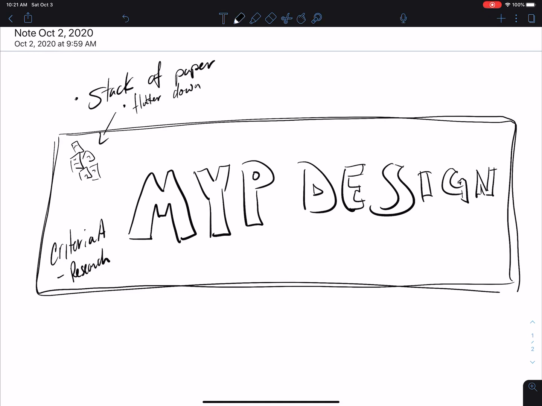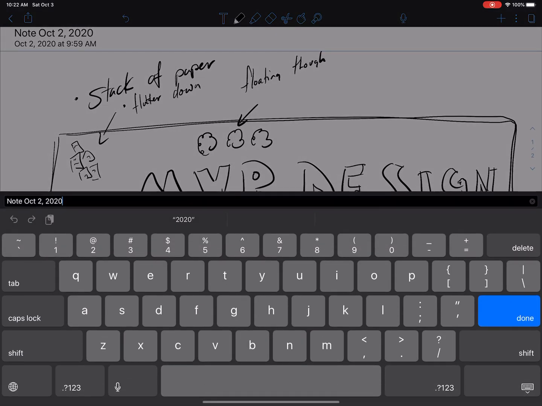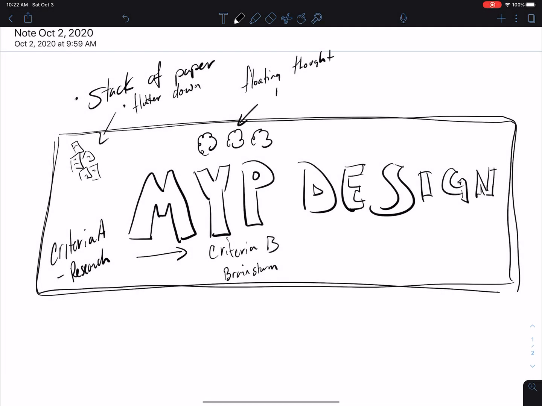So I think like for mine, I would do that, and then I would say it goes to criteria B, brainstorm, and I'd have like floating thought bubbles, and then I'd label those. And then I would say circling. Right? So I'm talking about what animation I want to also be happening in my thing.